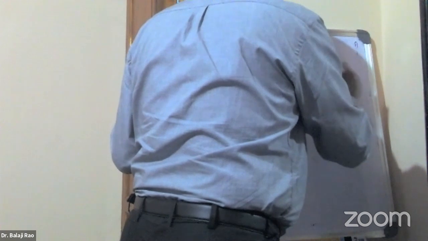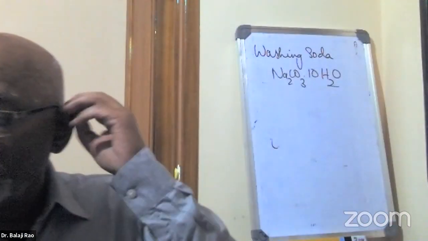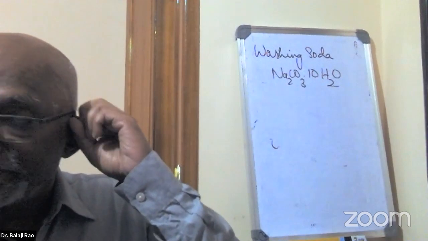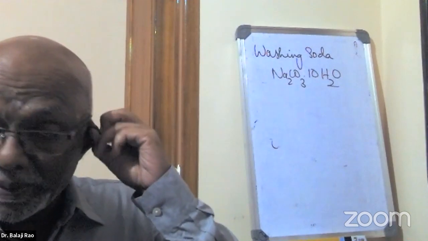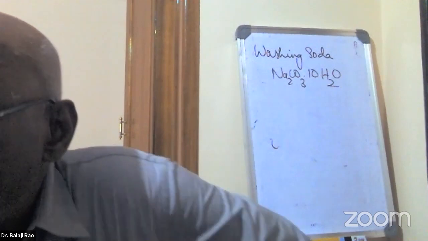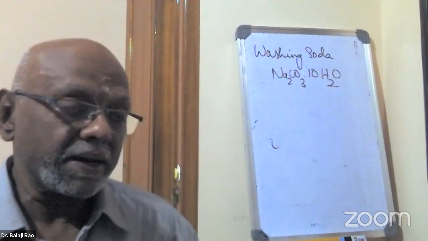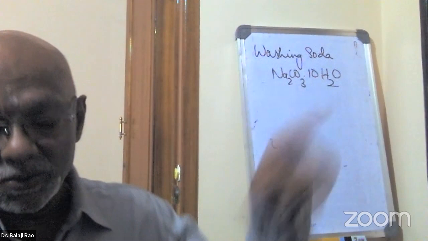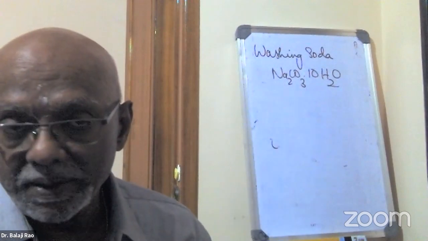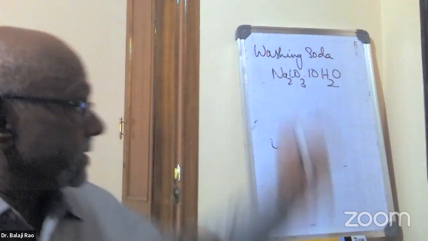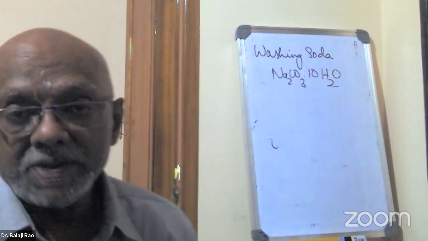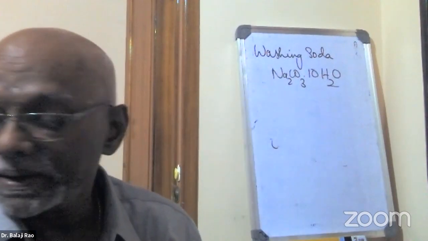We'll be talking about this hydrate a little later, probably in 5 minutes from now. The sodium carbonate is obtained from the same raw materials which we used for making sodium bicarbonate, and we saw how sodium bicarbonate is converted to sodium carbonate. When it is crystallized, it gives me a compound of this composition, Na2CO3.10H2O.